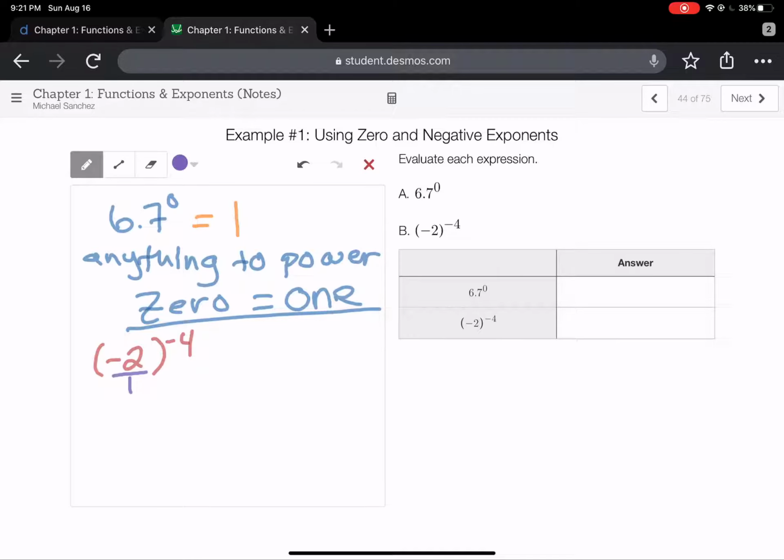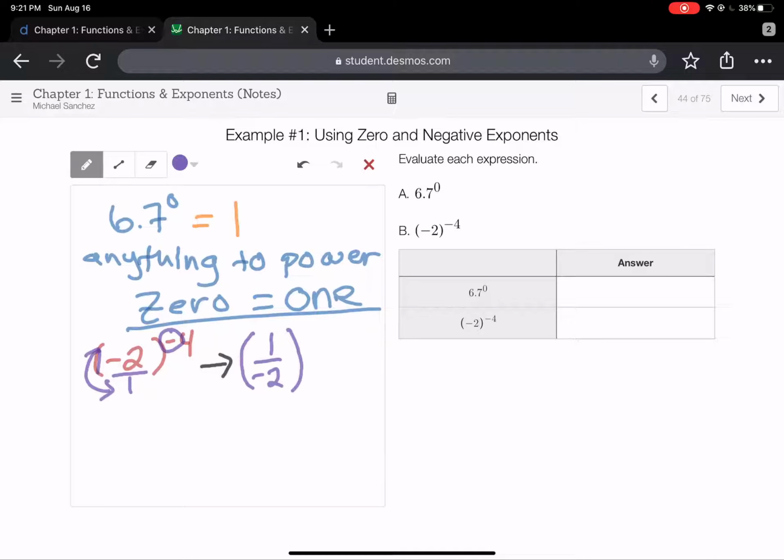Because the exponent is negative, I'm going to have to switch the top and the bottom of this number inside the parentheses. So I'm going to put the 1 on top and the 2 on the bottom.